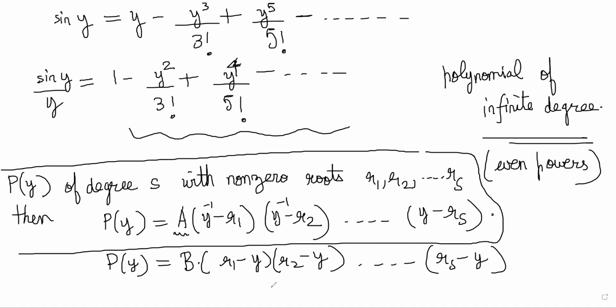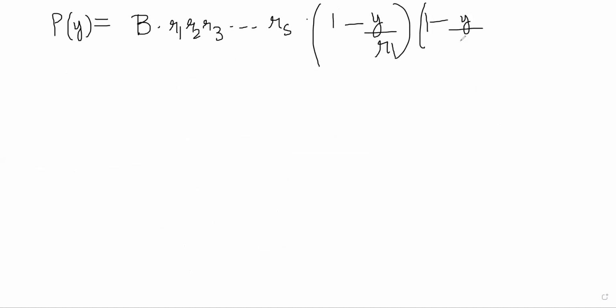The next step is to take r1, r2, r3 common from each of the factors till rs, and you'll get 1 minus y by r1 into 1 minus y by r2, and so on till 1 minus y by rs.